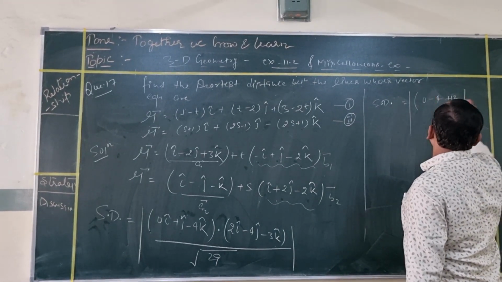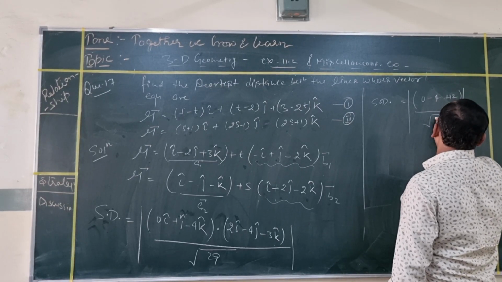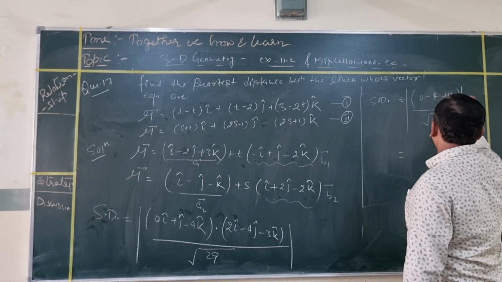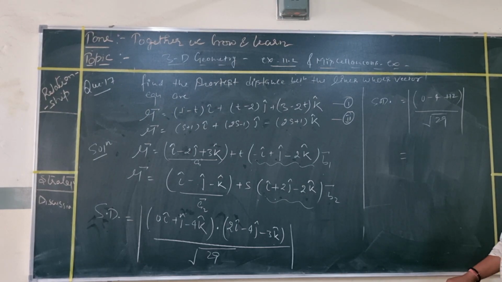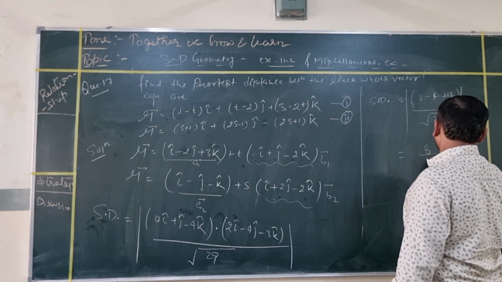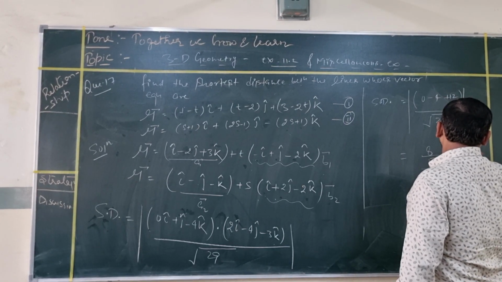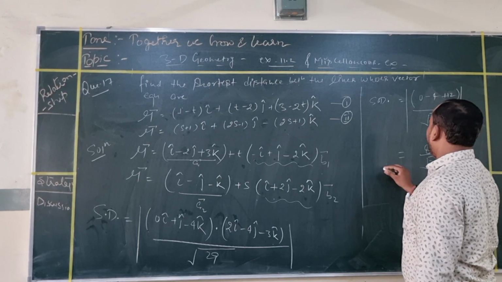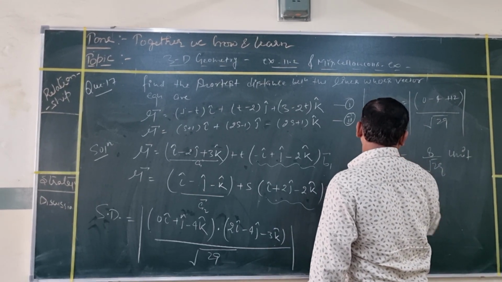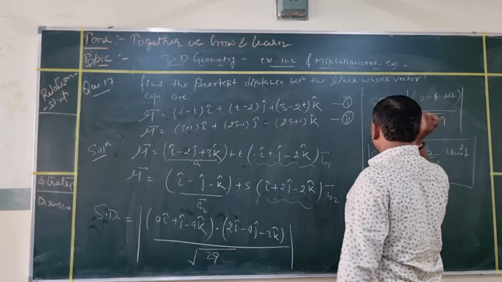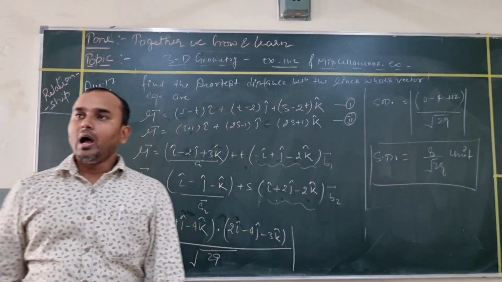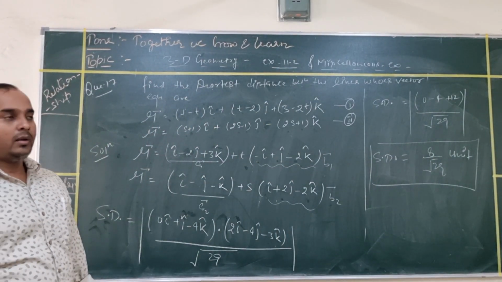Taking mod upon root 29, and minus 4 plus 12, that is 8 by root 29 units is the shortest distance between these two lines. And obviously, these two lines are skew lines. This is the answer. Okay? Thank you.